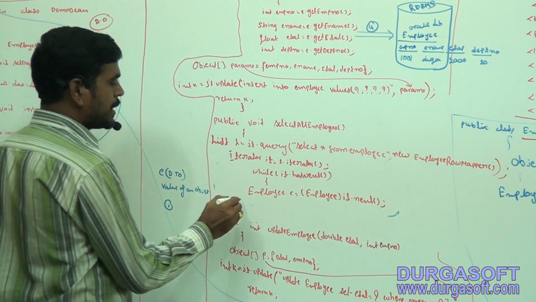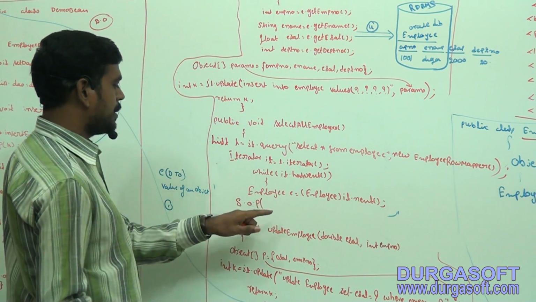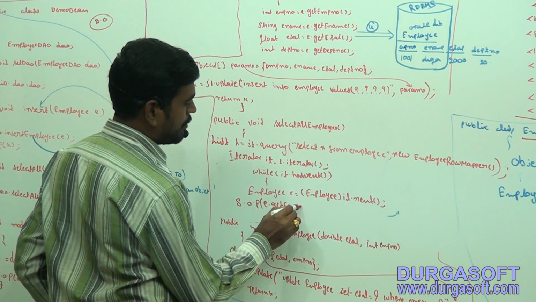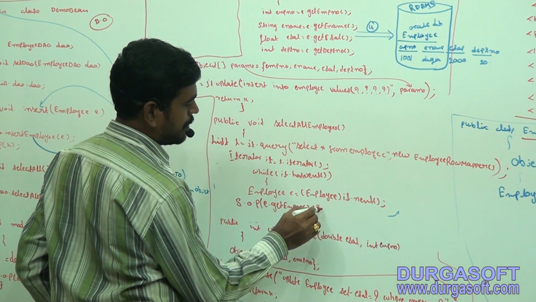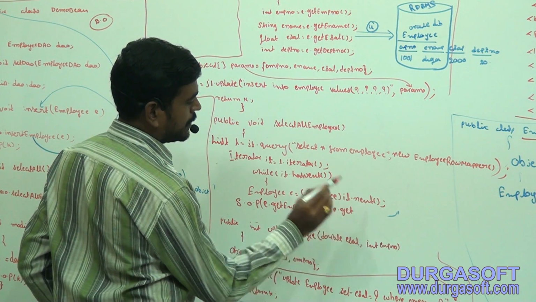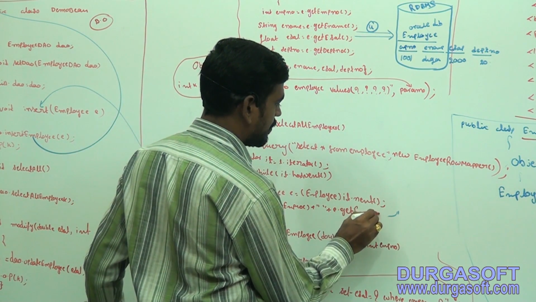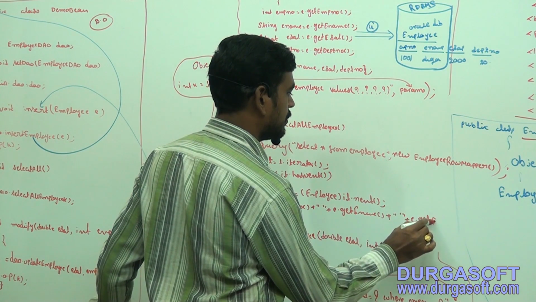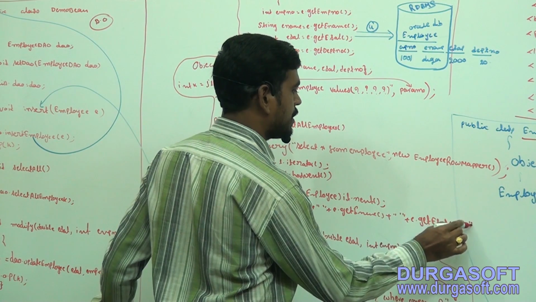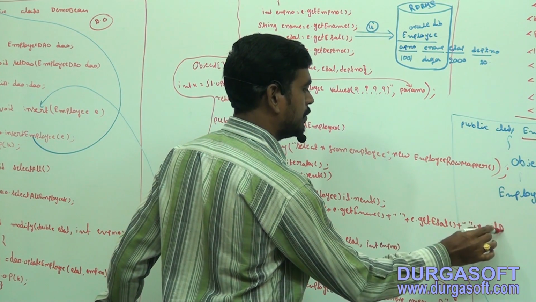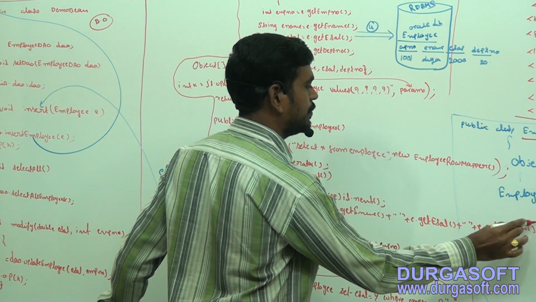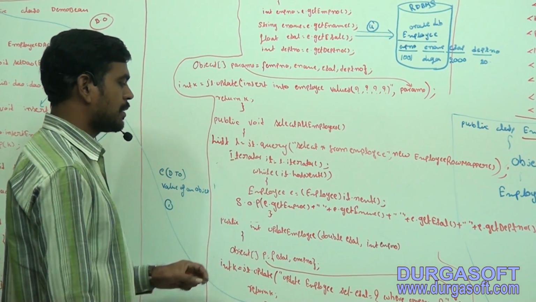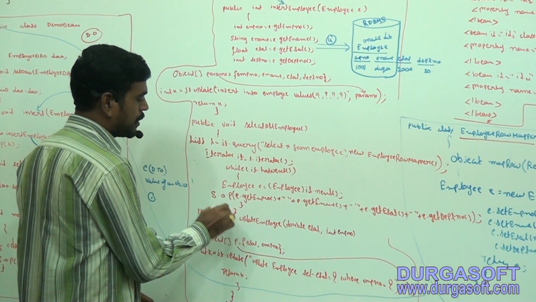Then after that, System.out.println(e.getEmpNumber() + e.getEname() + e.getEsal() + e.getDeptNumber()). Like this we can typecast according to our POJO class and we can print the values. Close the while loop, close the method.